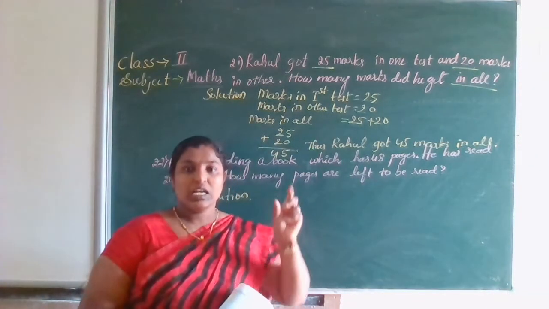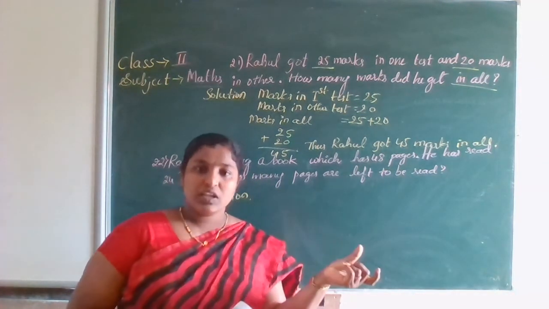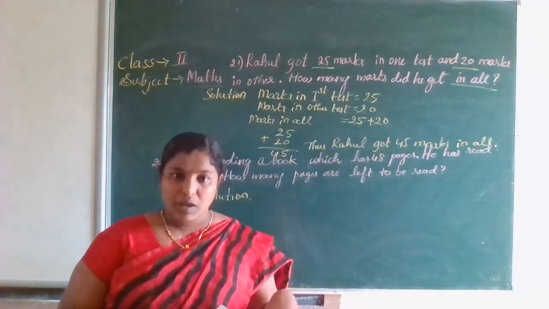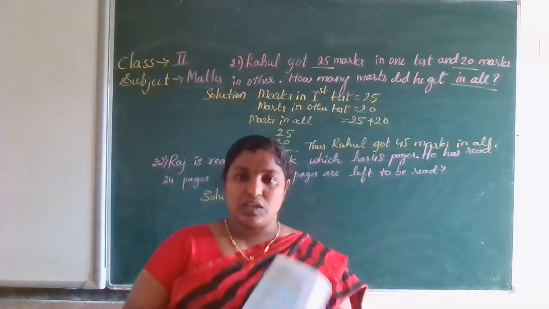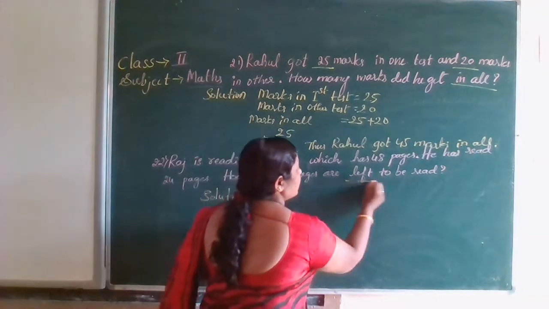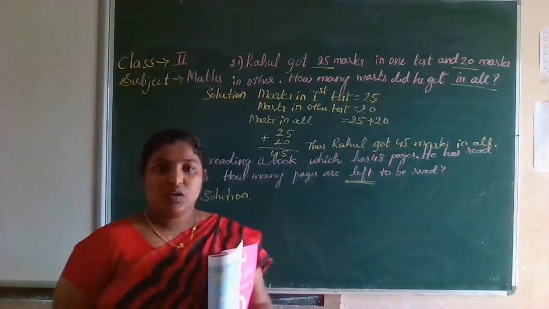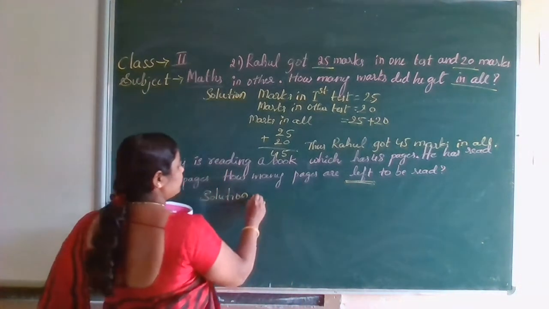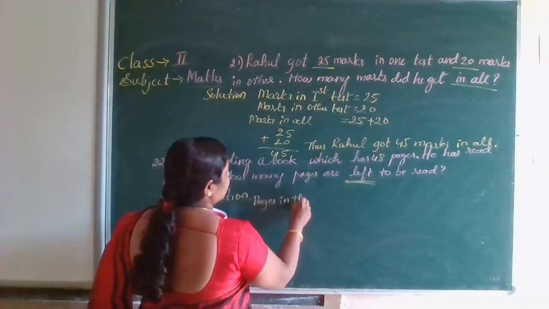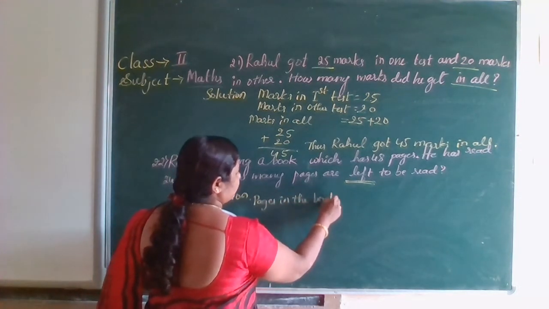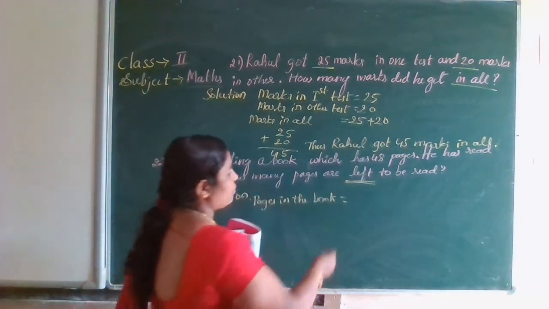In the sense, the words left, remaining, difference, how many are remaining, these words indicate to do the subtraction. Okay. Solution. Pages in the book: Raj is reading a book which has 48 pages.